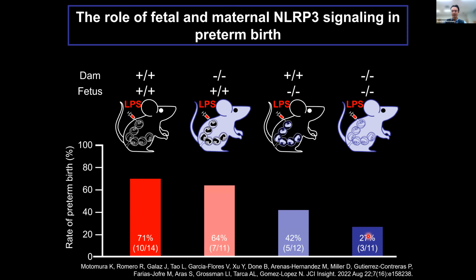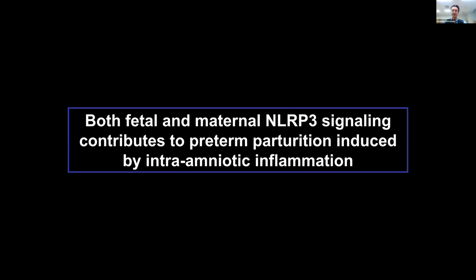And importantly, knockout dams carrying wild-type fetuses and wild-type dams carrying knockout fetuses both showed reduced rate of preterm birth. You can see here and here. This indicates that both fetal and maternal NLRP3 signaling contributes to preterm parturition induced by intra-amniotic inflammation.